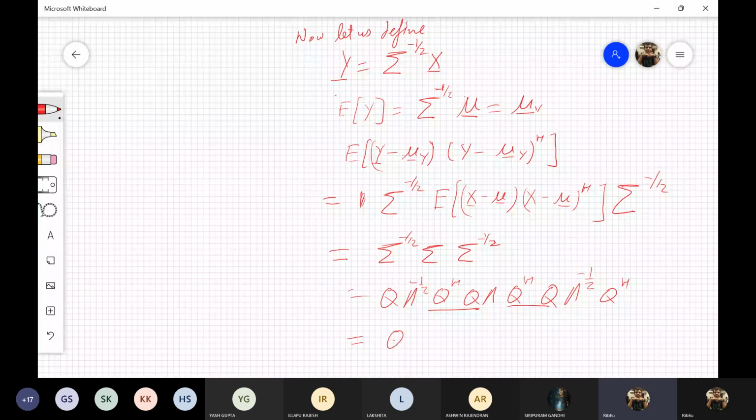So lambda minus half lambda lambda minus half equals identity, and Q Hermitian Q equals identity.